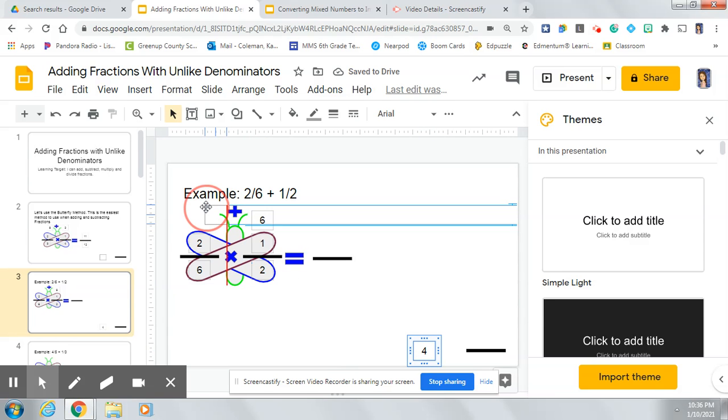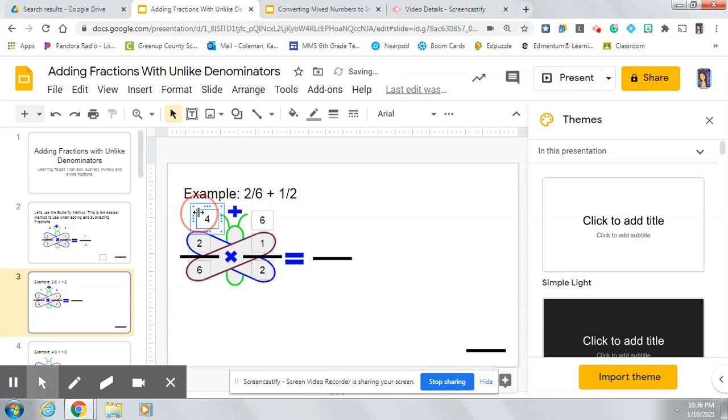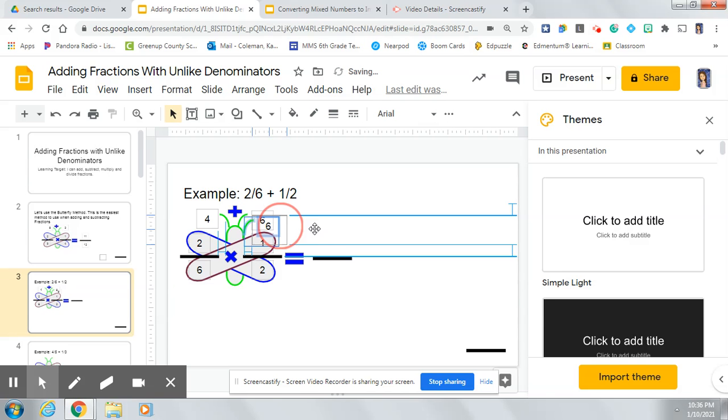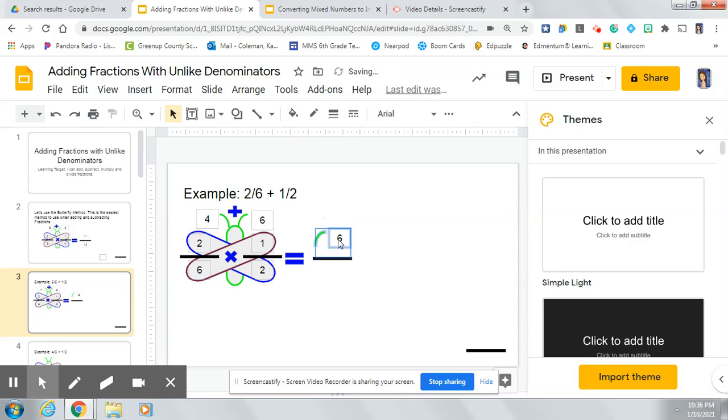I'm going to put the 4 by the other antenna. I have to add 4 plus 6. It's going to give me 10. To get my denominator, I have to multiply 6 times 2. And if I multiply 6 times 2, I'm going to get 12.